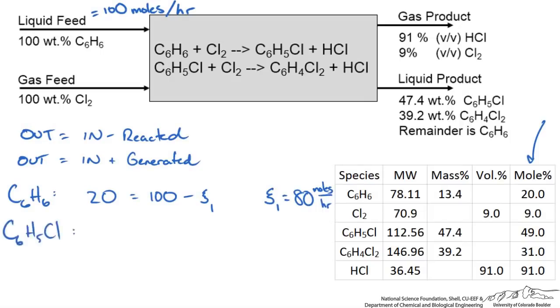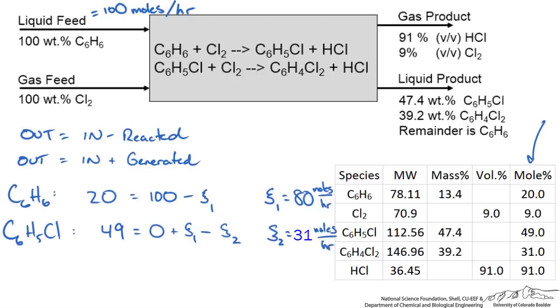For the chlorobenzene, we know that we have 49 moles that are leaving. We had nothing coming in. We generate from reaction 1 and we react from reaction 2. So our extent of reaction 1 minus our extent of reaction 2 should give us 49 moles per hour. This means that the extent of reaction 2 is 31 moles per hour.